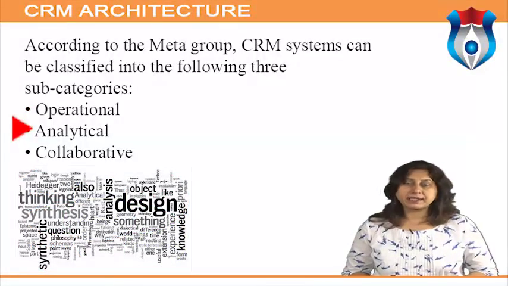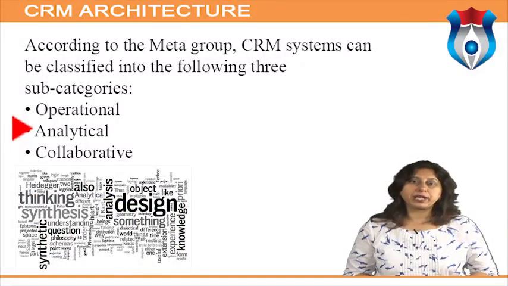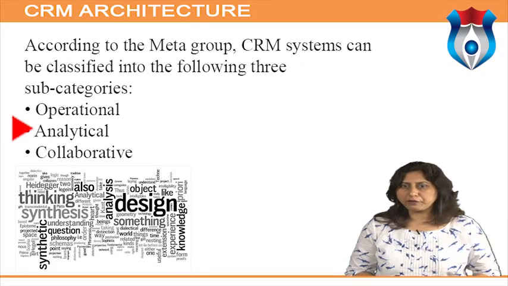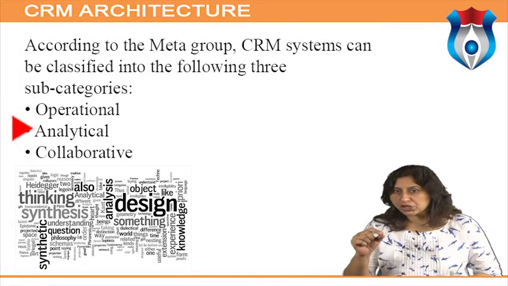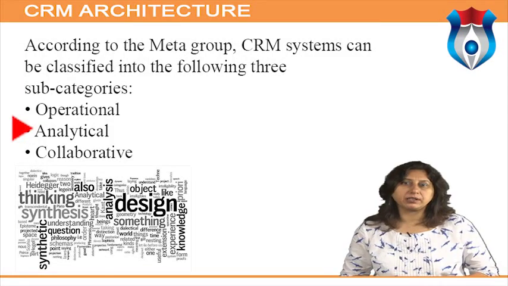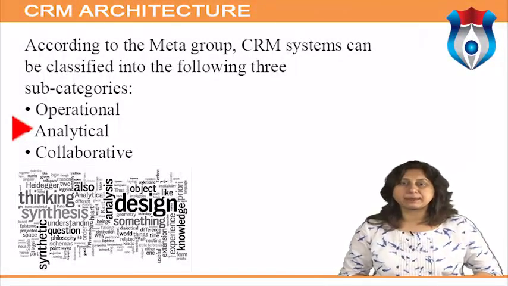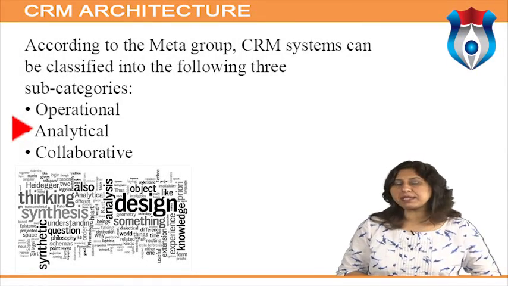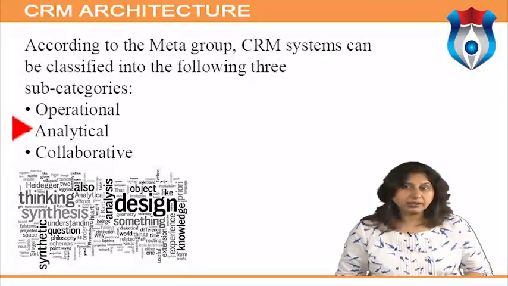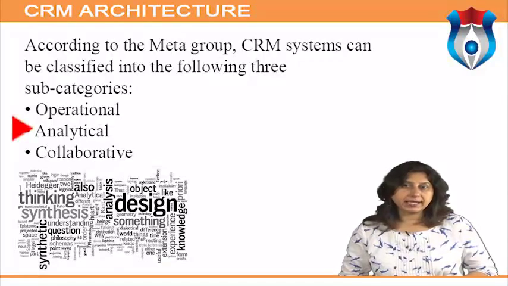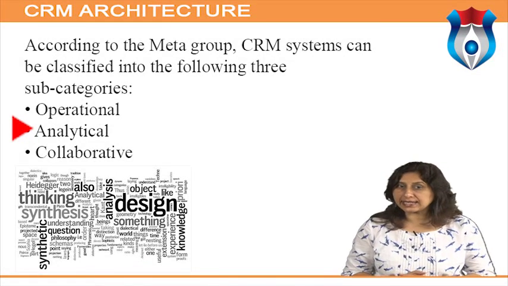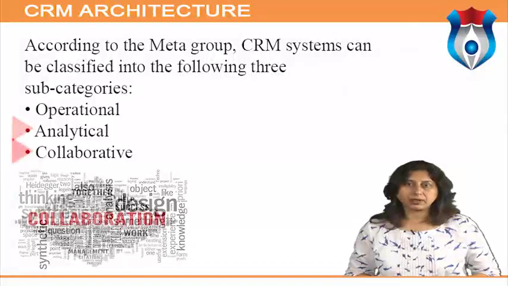Analytical CRM systems store and evaluate knowledge about customers for a better understanding of each customer and his behavior. They therefore support the CRM analysis processes. Examples are data warehousing, online analytical processing, OLAP, and data mining systems.